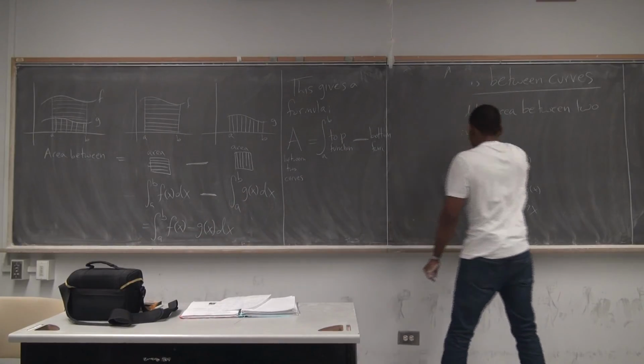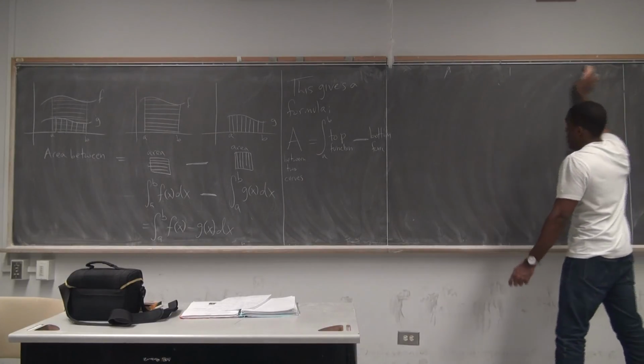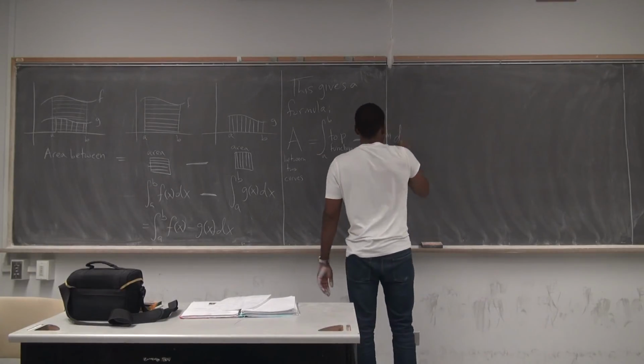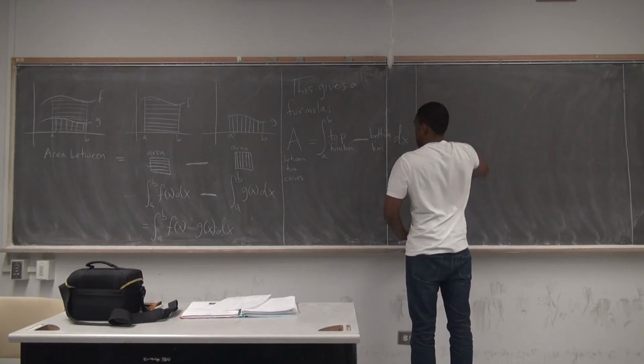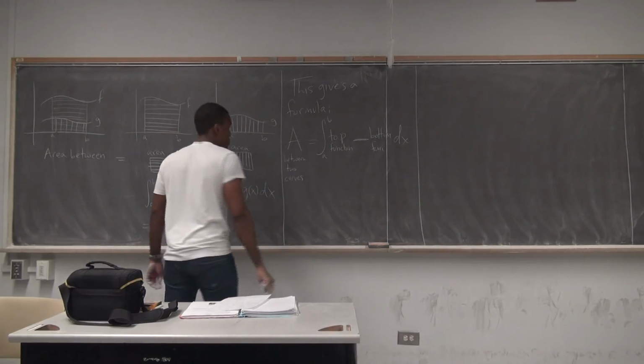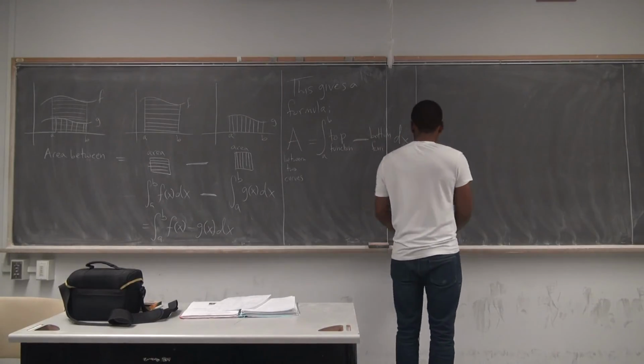So you take top minus bottom, you take the definite integral of that, and that will actually give you the area between two curves. So that gives you a formula, which we'll take advantage of next time.